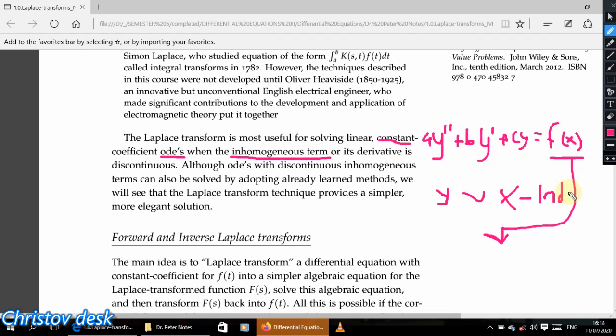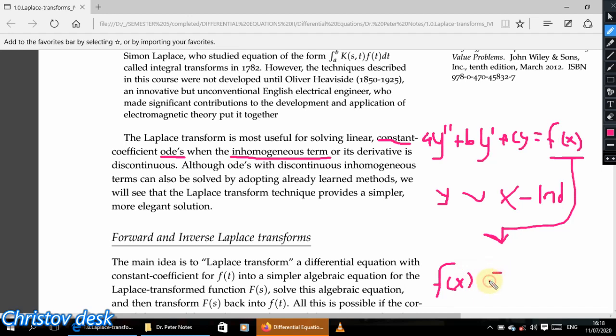It has some discontinuity, right? So you would want to assume this can be a step function. Maybe f of x can be a function.